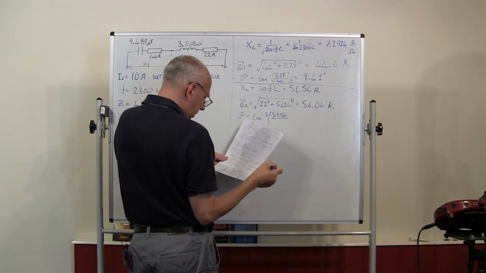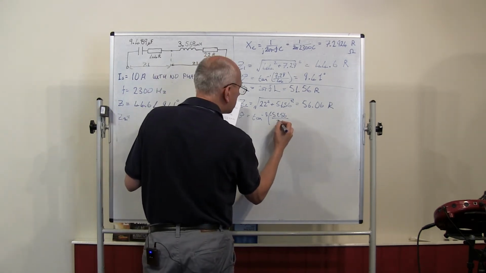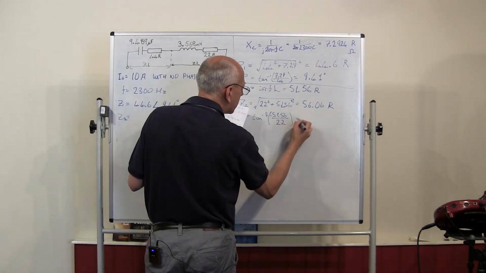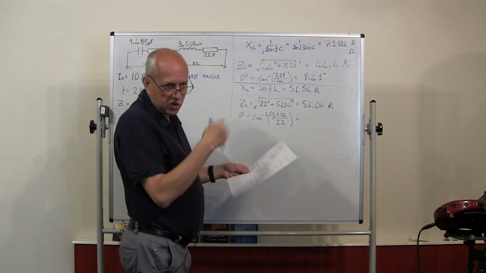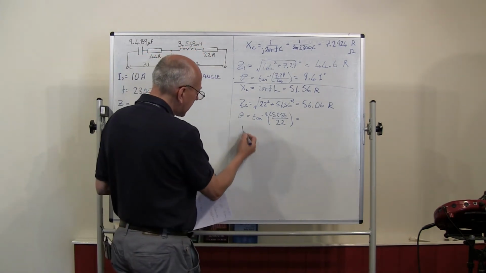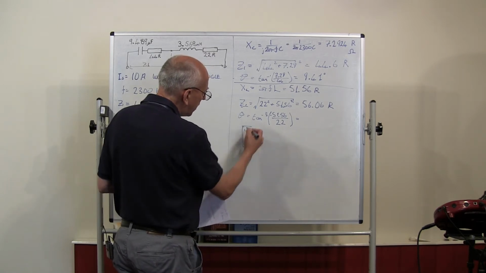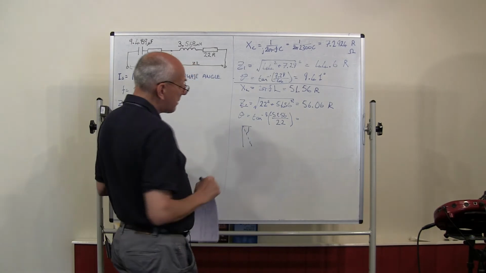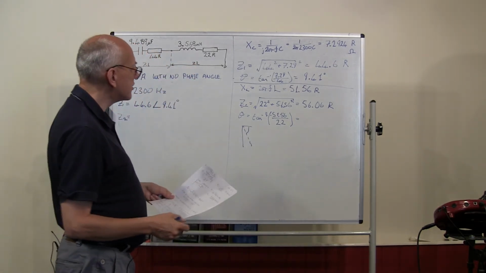Okay. And 22, and that will give me, you can just put this into your calculator without the minus sign, and then just add it, as long as you've got a picture in your mind that it's actually lagging like that. That phase angle's lagging, and you know it's going to be a fairly big phase angle, bigger than 45 degrees anyway.